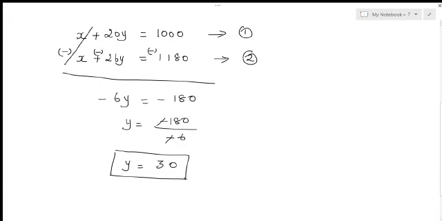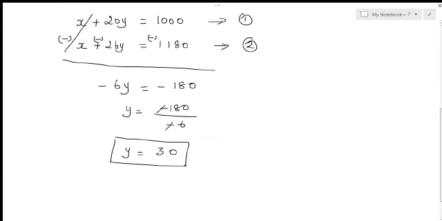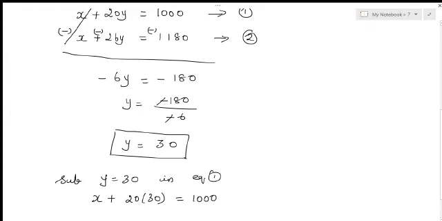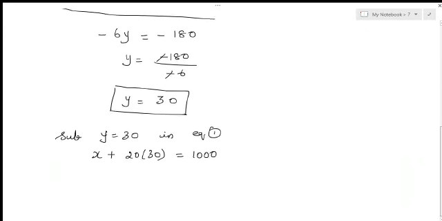Let us substitute y is equal to 30 in one of the equations. I am going to substitute in the first equation. So substitute y is equal to 30 in equation 1. X plus 20 into, instead of y, 30 equal to 1000. Let us find out the x value.